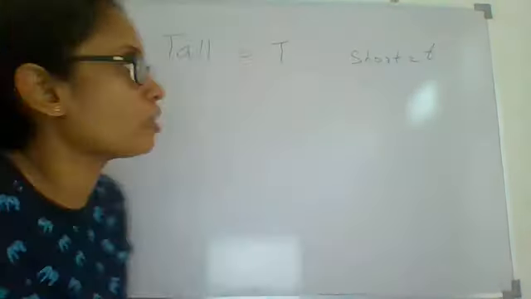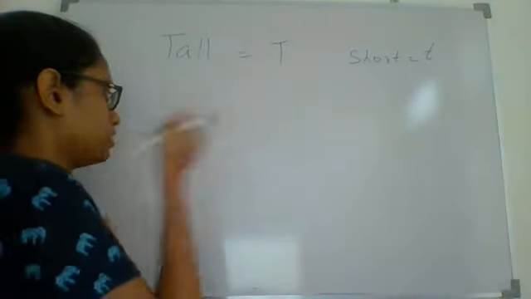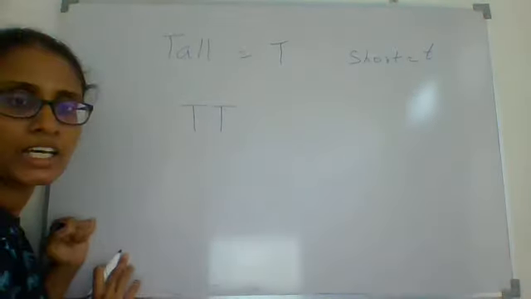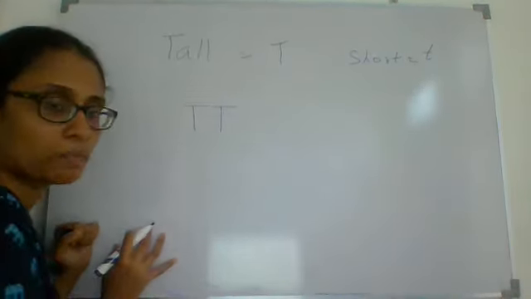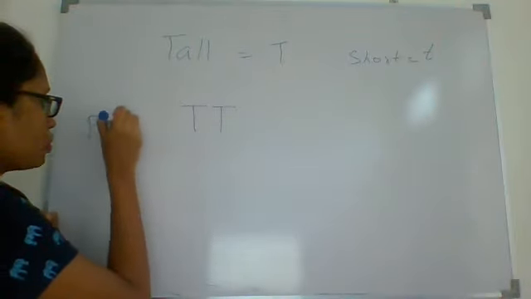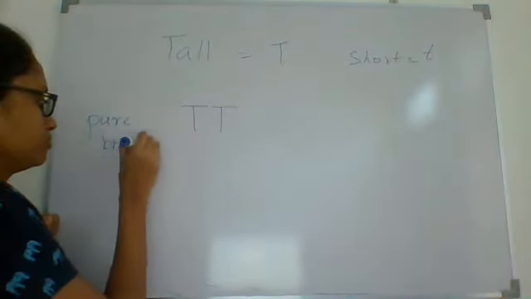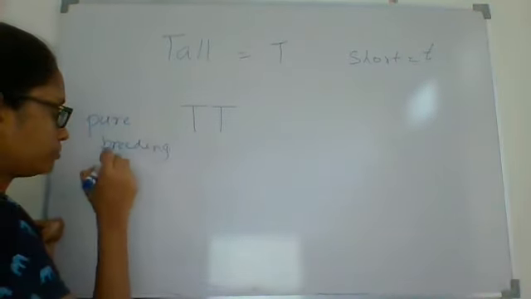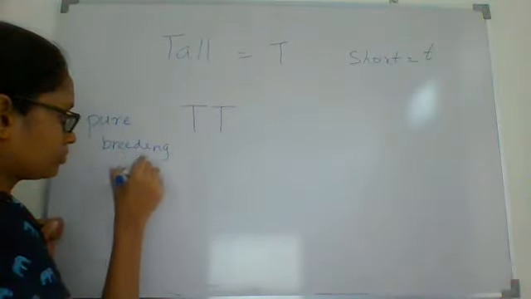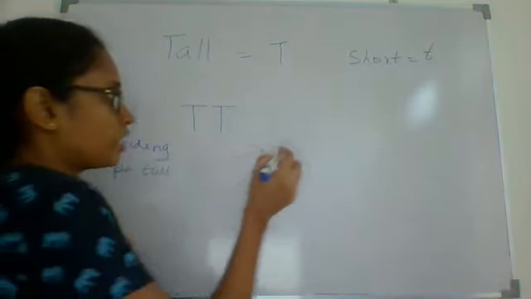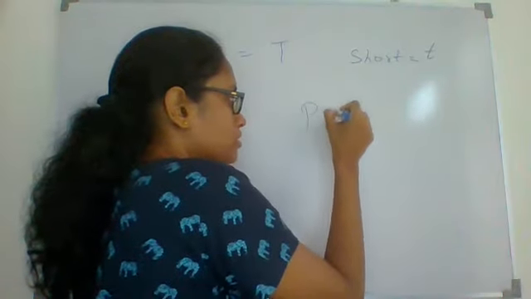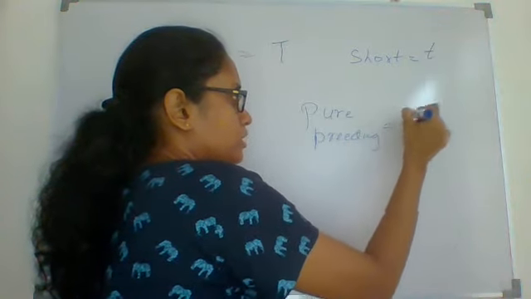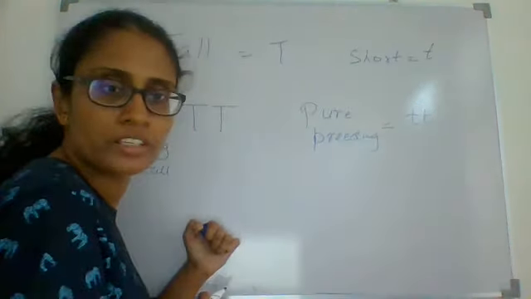So for pure breeding tall plants, that means if you take a pure tall plant, both its genes are capital T. That is pure breeding tall. And pure breeding short means if it is going to be short, it is named like this, right?